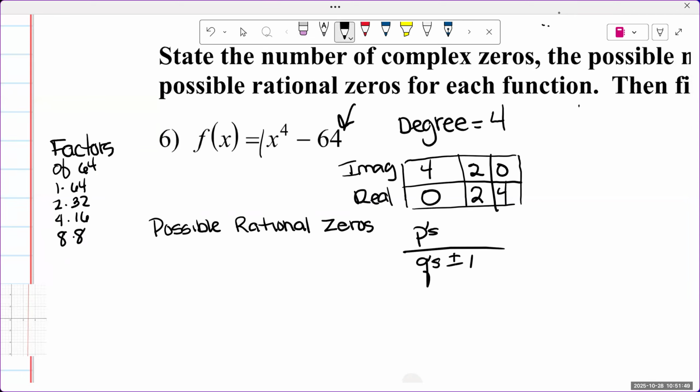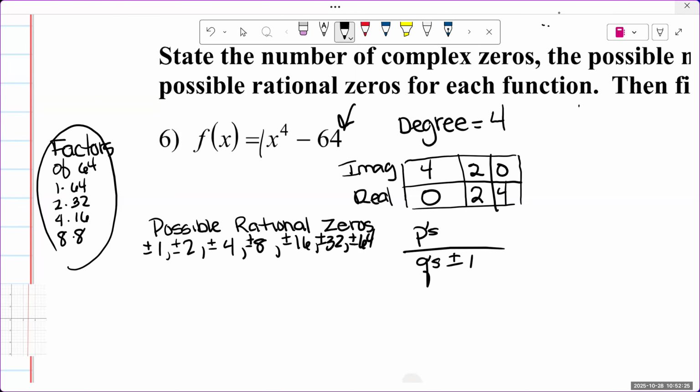Well, that's just plus or minus 1. So the bad news is, look at all these factors of 64. They're all going to be divided by 1. There's not going to be any fractions. So the possible rational zeros, plus or minus 1, plus or minus 2, plus or minus 4, and those are all divided by 1.